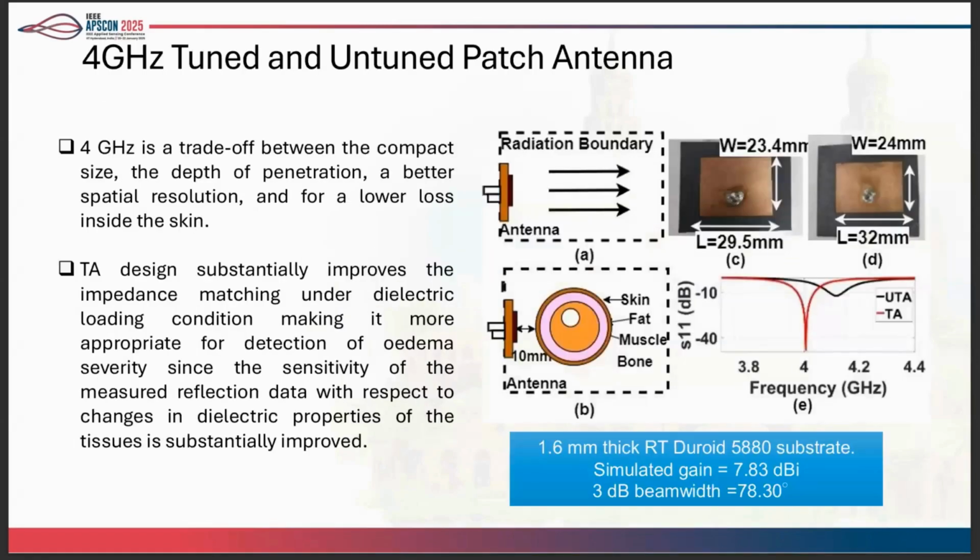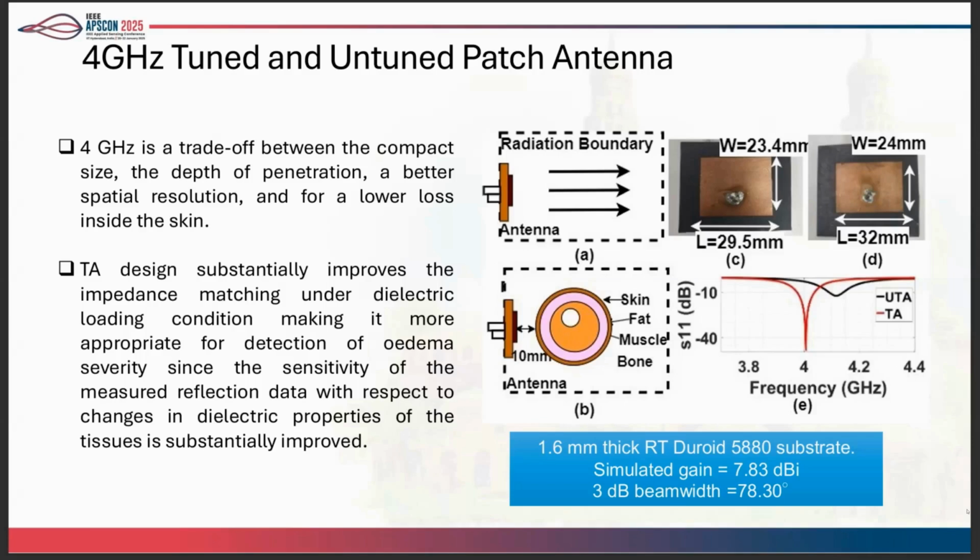What we initially did is design a microstrip patch antenna. Standard patch antennas are designed in free space. What we have done is design the antenna by simulating it with dielectric loading in front of a human phantom.